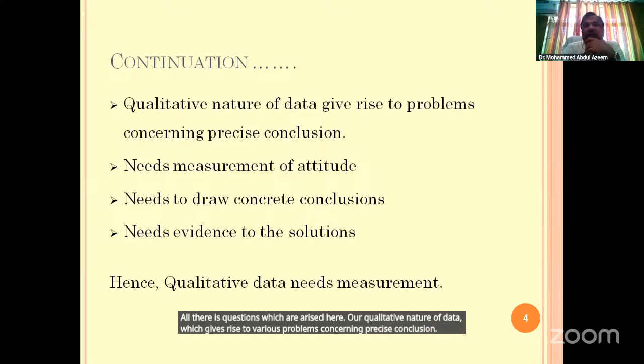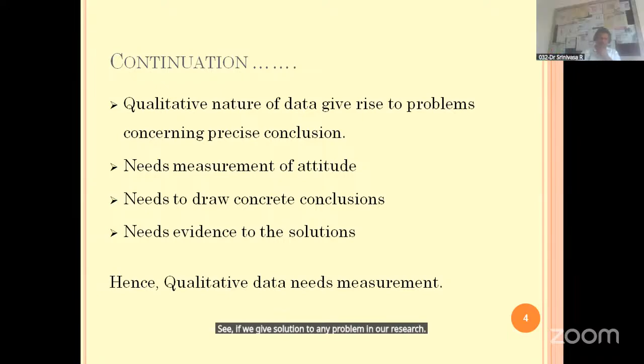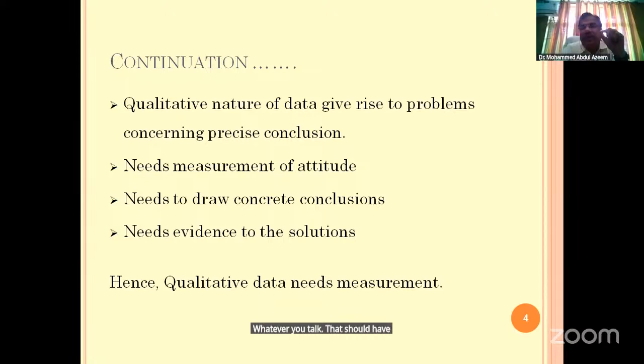See, for measuring, we need an instrument which measures the behavior of the person. If the measurement tool is correct, the outcome will be very correct. So, we need the measurement of attitude to draw a concrete conclusion. If we give a solution to any problem in our research, whatever you say should have evidence.